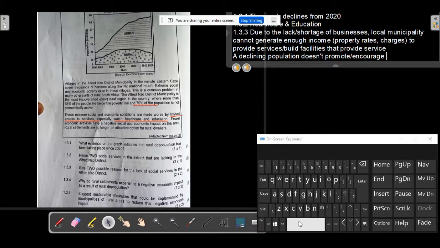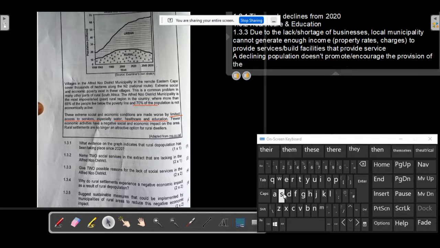They might be there, but they are limited, like you cannot further expand and have more. So it cannot encourage the provision of these services on a large scale. Okay, let's just put it that way. So yeah, that would be my answer there.